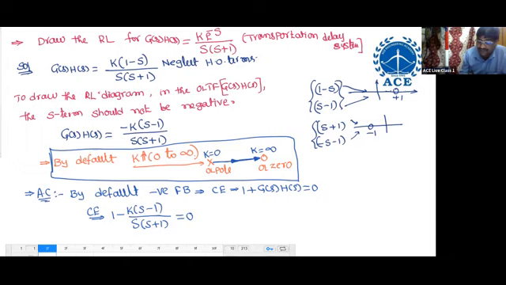Come to the next page. Now K(s minus 1) by s(s plus 1) equals 1 plus j0. Now the angle condition.